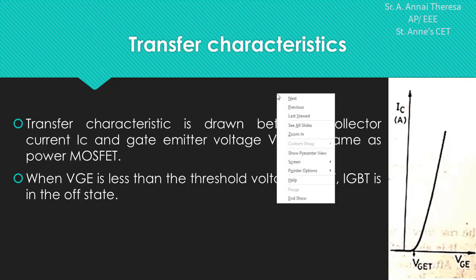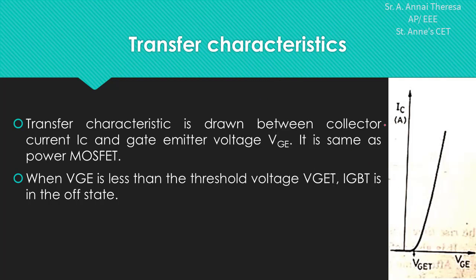Then transfer characteristics. In transfer characteristics, the characteristic is drawn between IC and VGE, as in the case of MOSFET. But here the voltage is VGE instead of VGS in MOSFET. Here also there is a voltage, the gate emitter voltage.